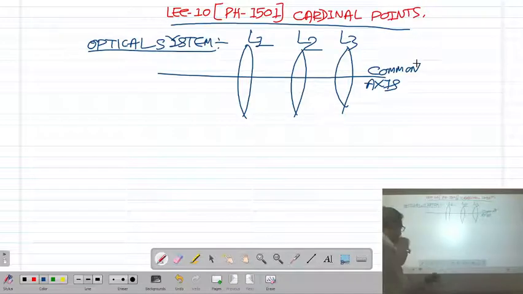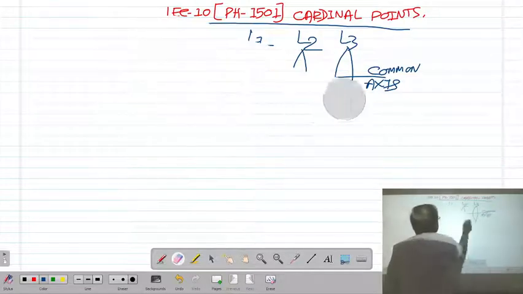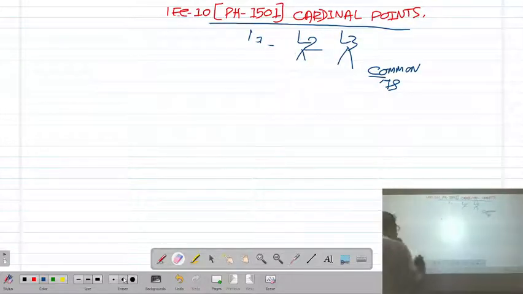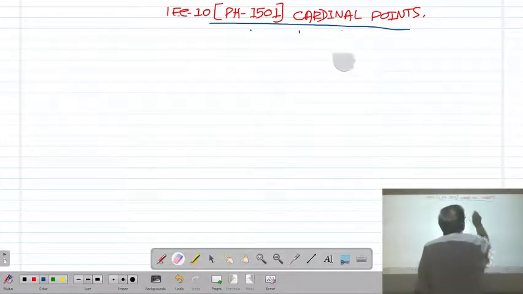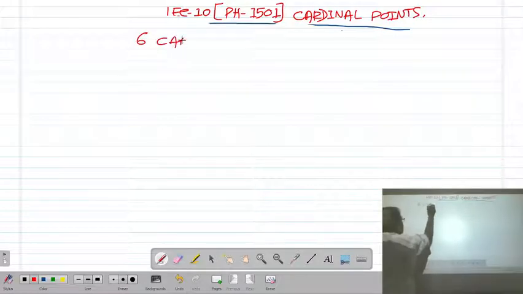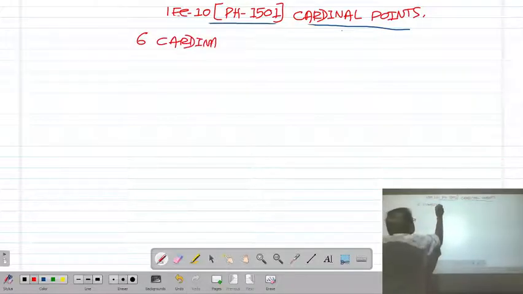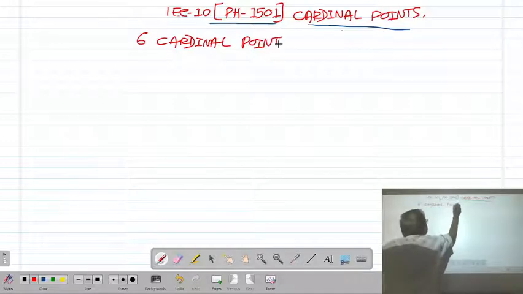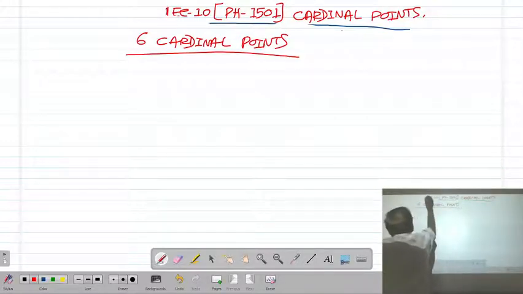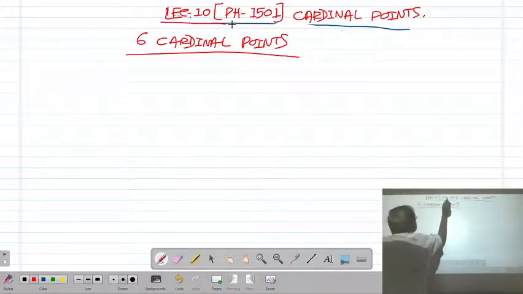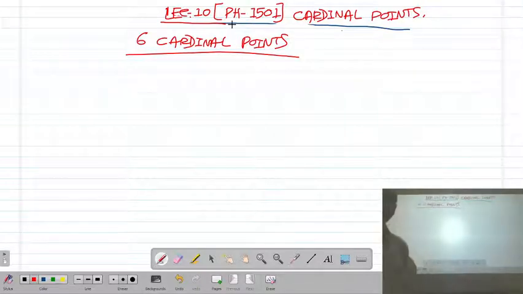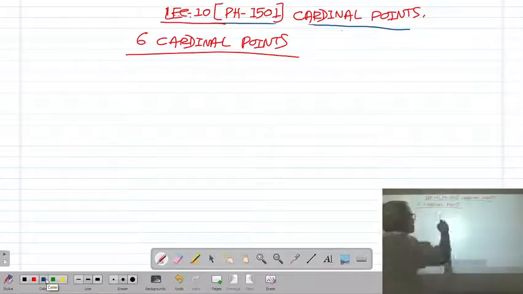Now, in the last lecture, as I told you, the optical system is characterized by 6 cardinal points. I have given you the names of these 6 cardinal points.